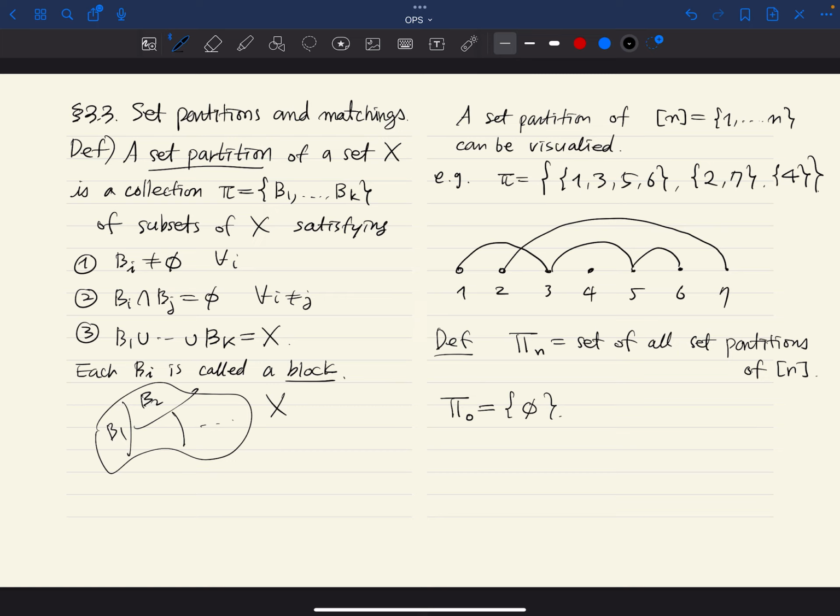Okay. Oh, and let me define one more thing. Pi sub n comma k is the set of all set partitions of n with k blocks.